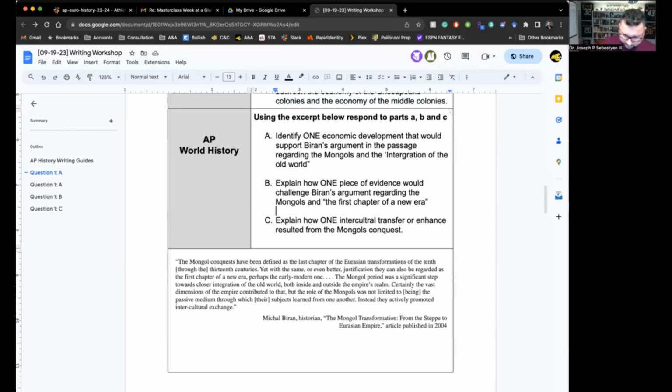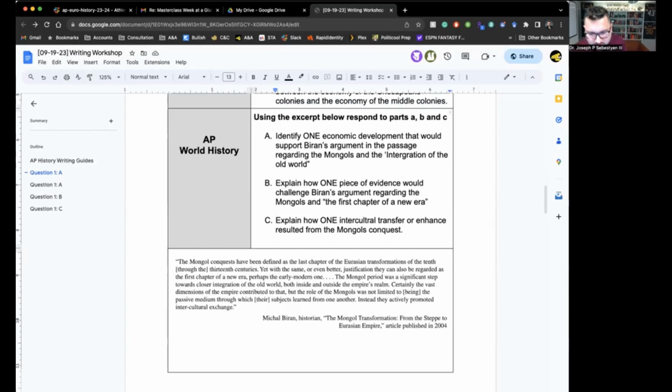So the historian Michael Byron writes, "The Mongol conquests have been defined as the last chapter of Eurasian transformations of the 10th through the 13th centuries. Yet with the same or even better justification, they can also be regarded as the first chapter of a new era, perhaps the early modern one.